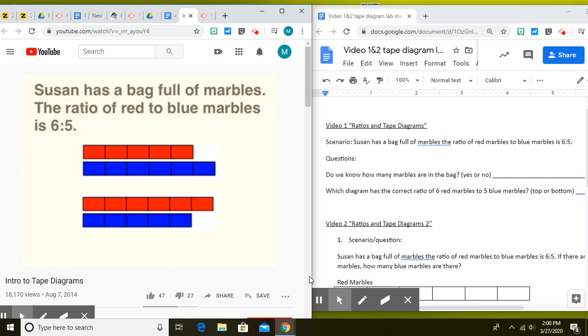So today we're just getting a quick introduction into what tape diagrams are, what they look like, how they are just taking this ratio here and expressing it visually, 6 red, 5 blue. They're a powerful tool that we're going to use to solve some harder problems. So this is just a quick, short video to let you see what they are. See you in class tomorrow. Thanks.